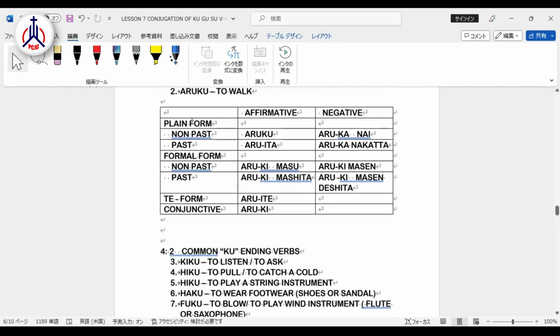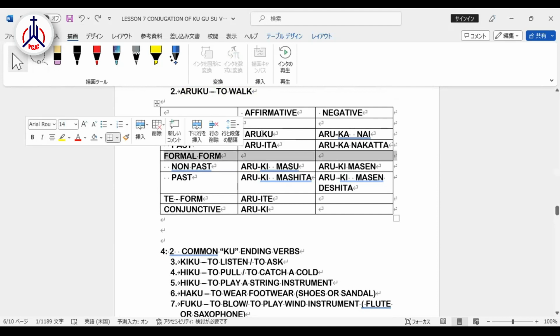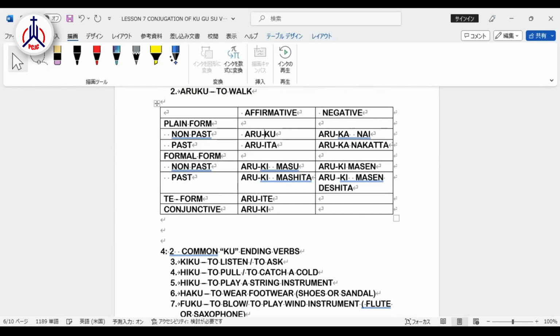Let's conjugate this. In your affirmative plain form, non-past, or present tense, the word aruku will change to aruka, plus nai, which means arukanai in your negative form. And then the same, arukanakatta.